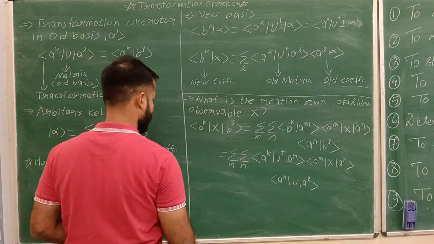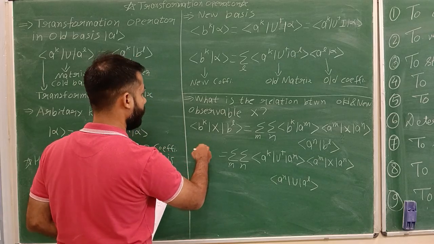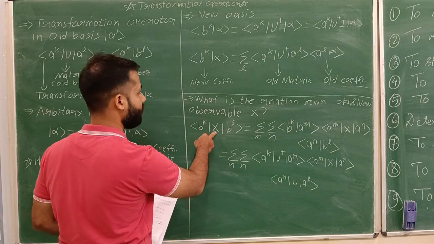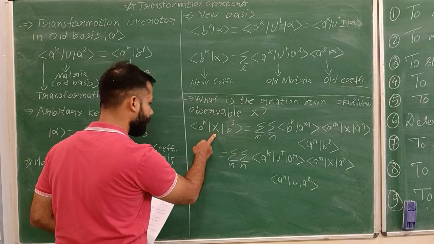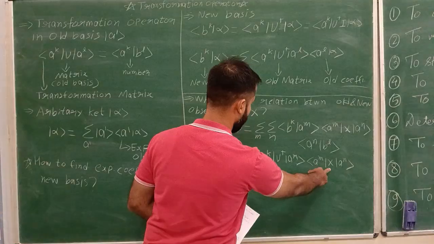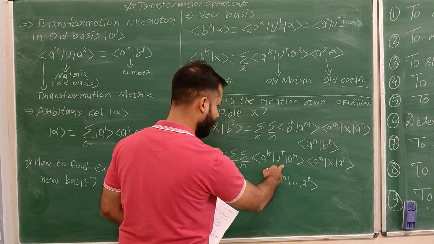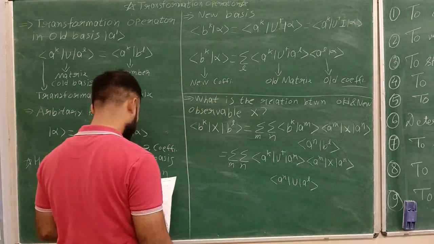This is the new matrix representation of some observable X in the new basis, and this is the same observable in the old basis multiplied by U dagger and U.